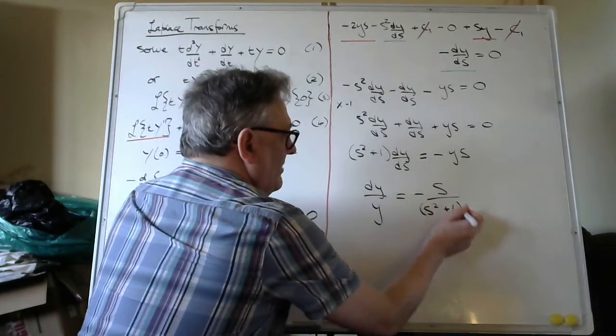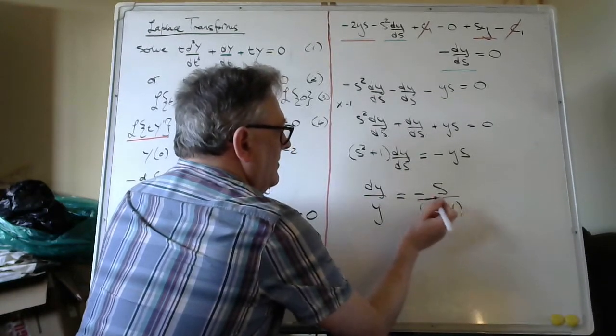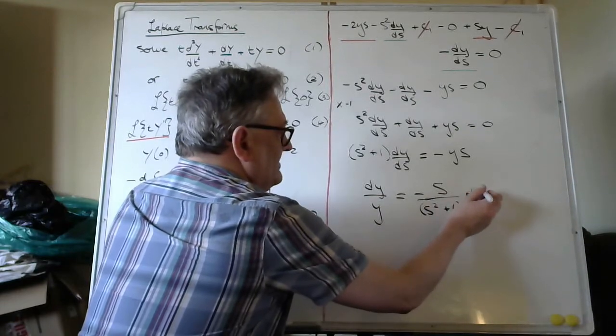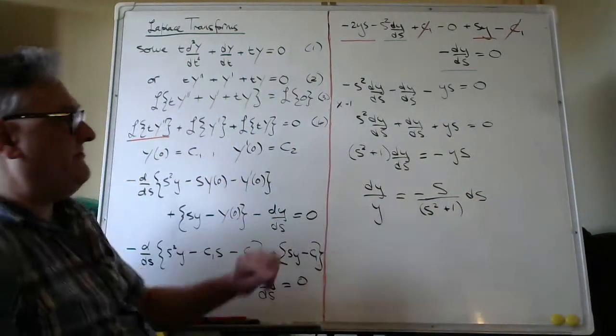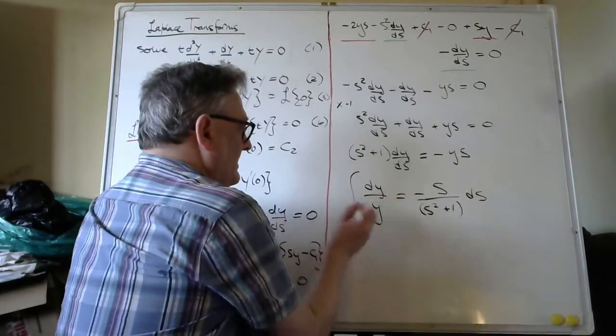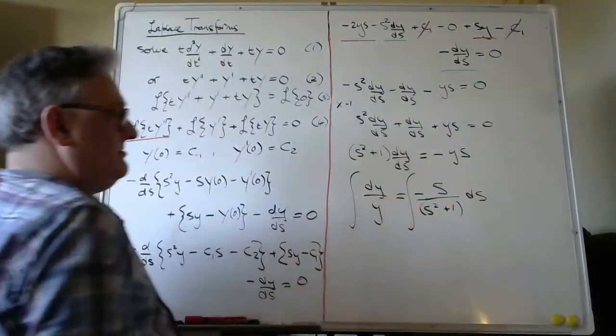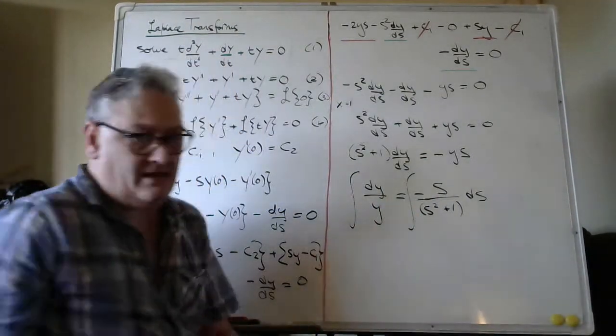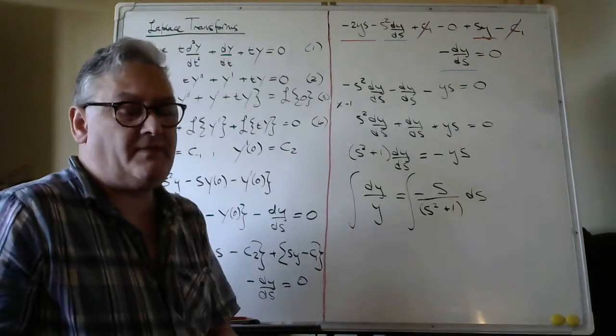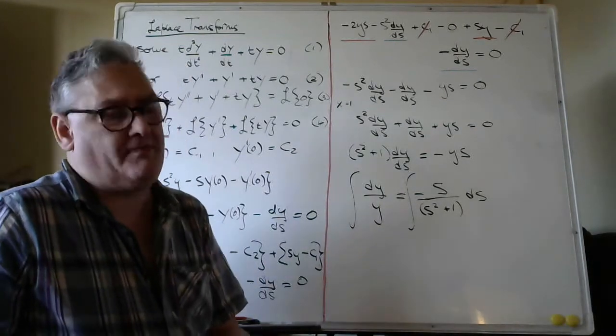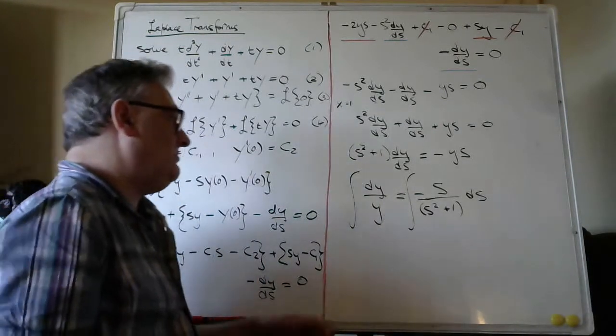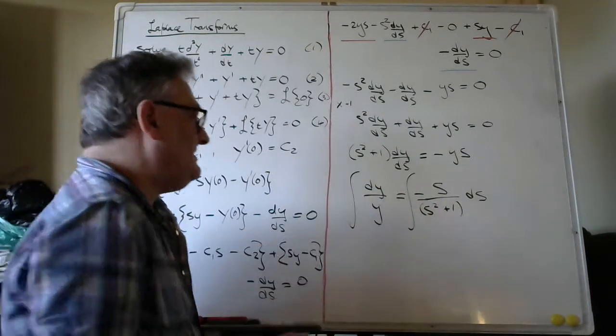We'll put that in brackets, ds. And of course, when you have something like that, you must put in integral signs. Now, hopefully, if you are familiar with high school mathematics, like A-level mathematics and a bit of calculus, you'll know how to solve these integrals.